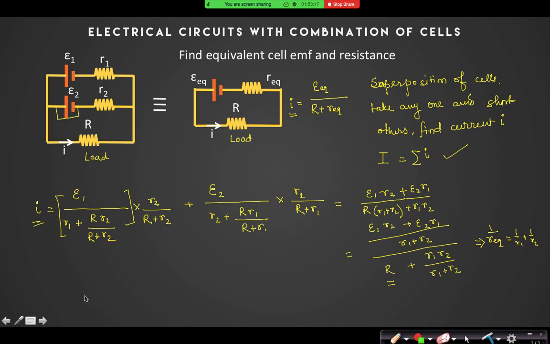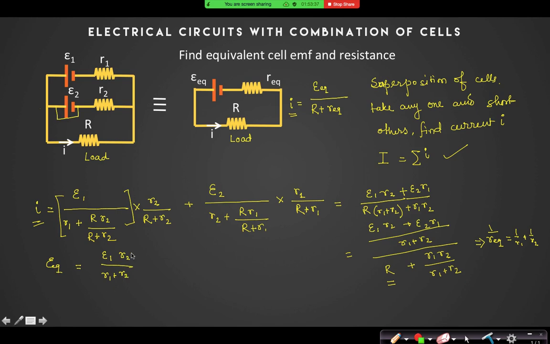Now, what is E equivalent? Can you see it is E1 into R2 by R1 plus R2, right?